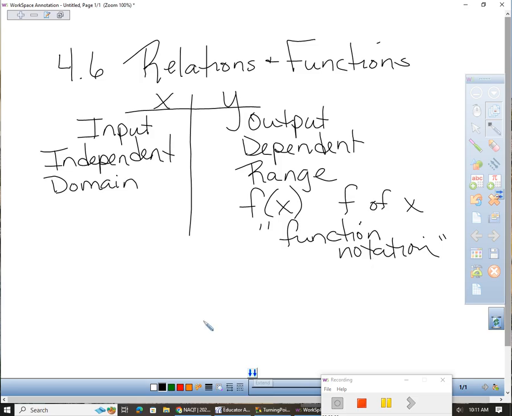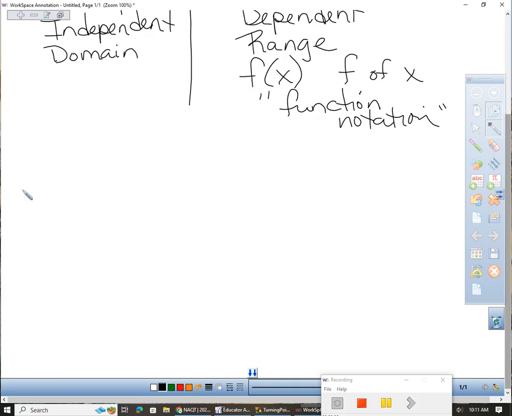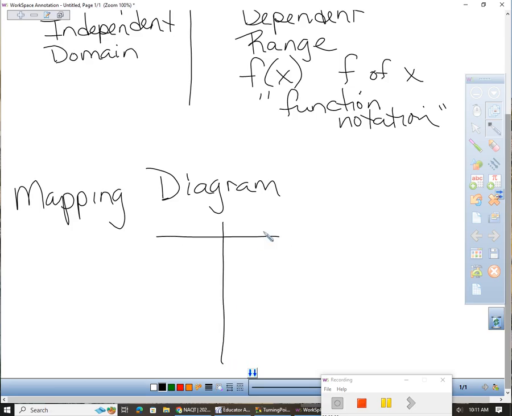The next thing I want to talk about is a mapping diagram. A mapping diagram lists your domain on this side, or your X values, in numerical order.